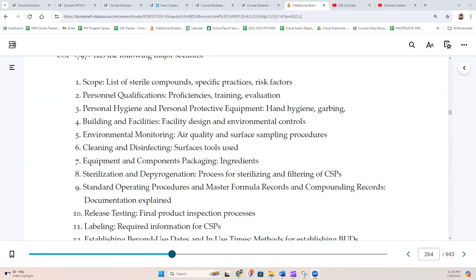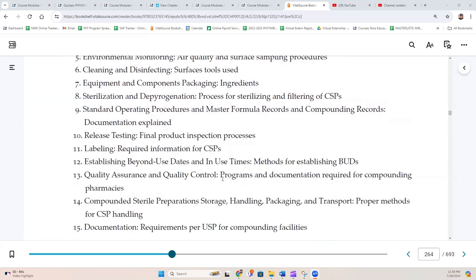8, sterilization and depyrogenation, process for sterilizing and filtering of CSPs. 9, standard operating procedures and master formula records and compounding records.